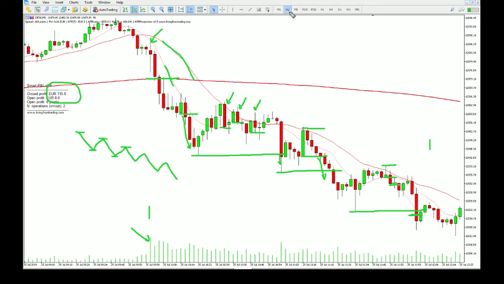We are looking at a 2-minute time frame, and you can see that when trading a small time frame, we have a lot of opportunities. We just have to go for them, and if the price is trending, that's what we want, and that's what we like to trade.